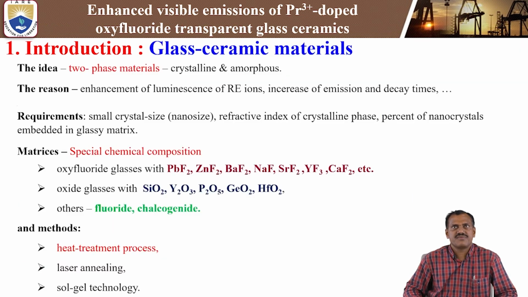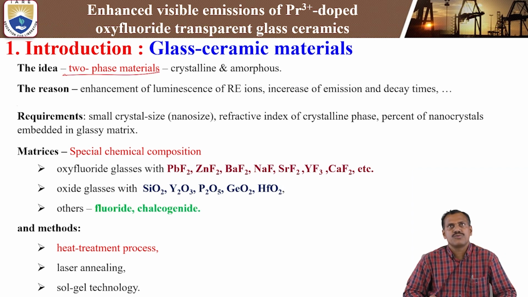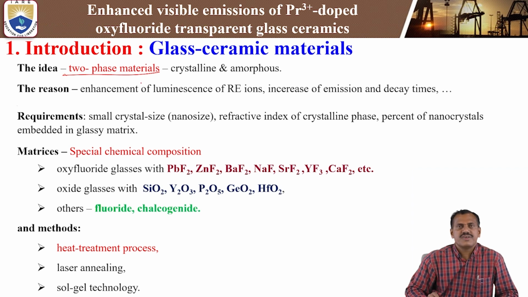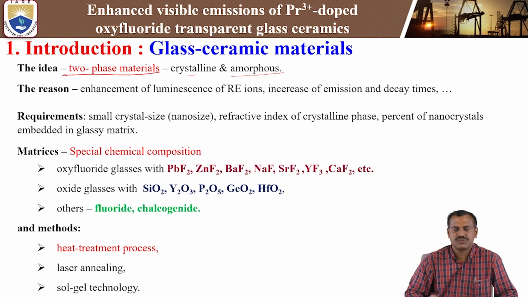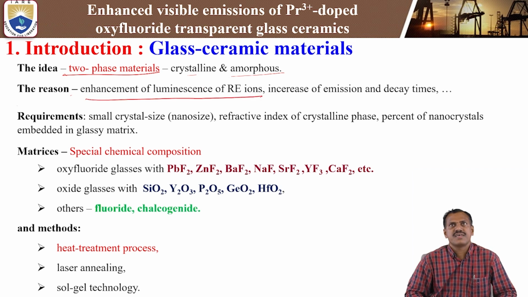Next, the main introduction of the glass ceramic material. Generally, a glass ceramic is a two-phase material. The main idea of transparent glass ceramics is that they possess two phases: one is the crystalline phase, and the other is the amorphous phase, that is, glassy in nature. The reason is the enhancement of luminescence of rare earth ions, with increased emissions as well as decay times.